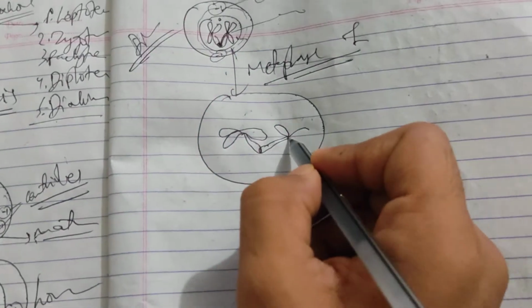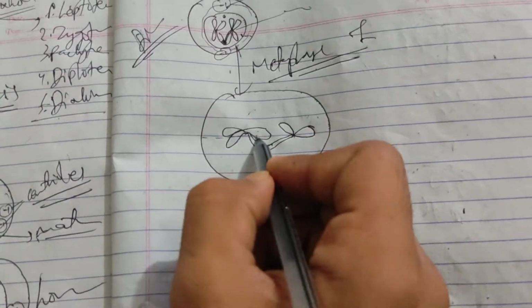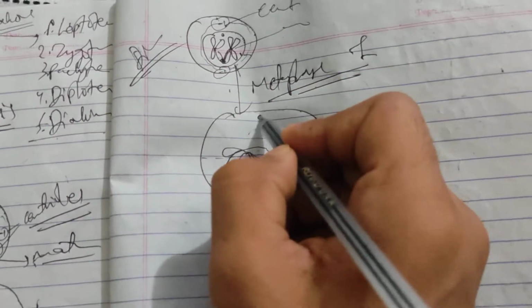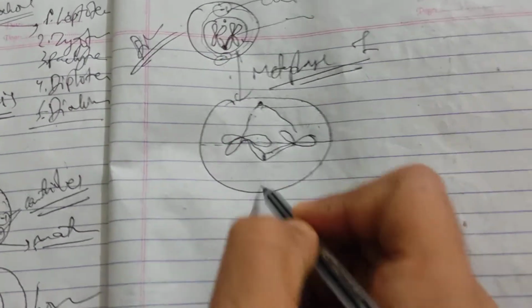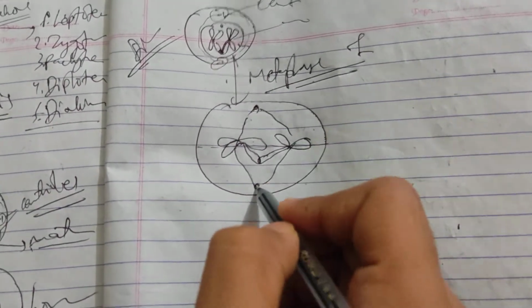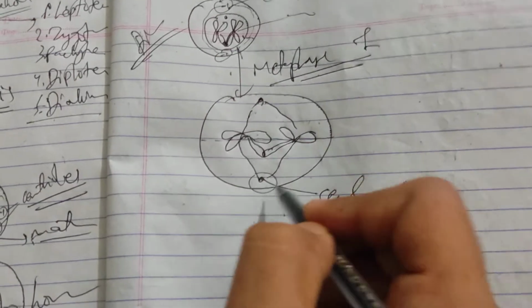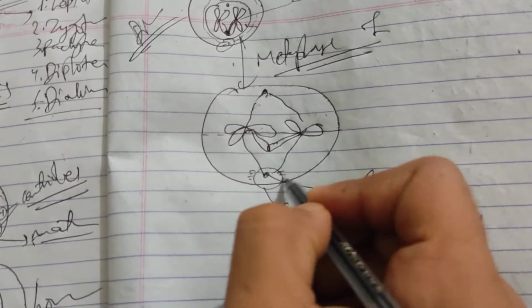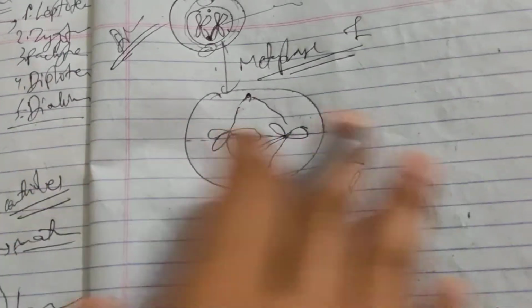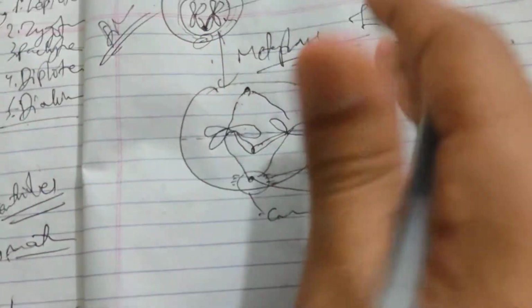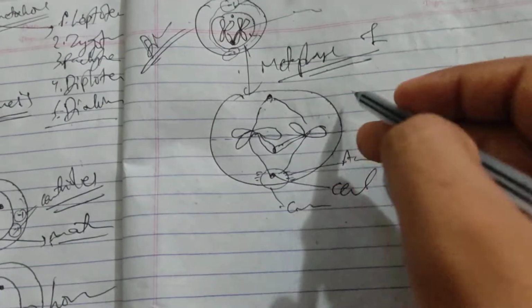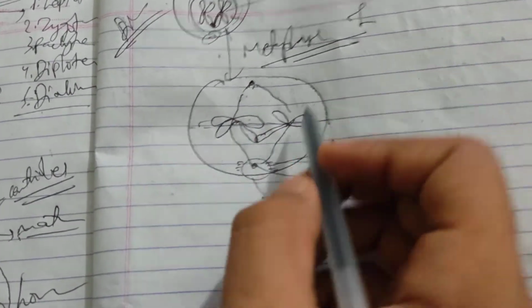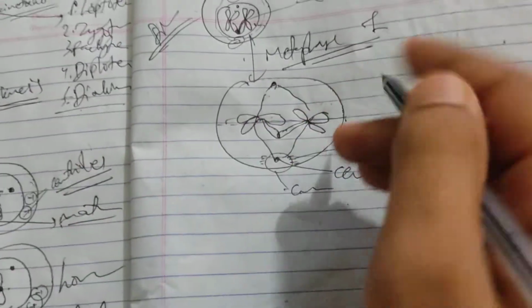They are not separated yet. They are arranged in this metaphase plate, and spindle fibers have now formed and attached. These are the centrioles inside the centrosome. The astral rays are now on the outside. Earlier they were leading, but now the astral rays stay outside. This is metaphase 1.